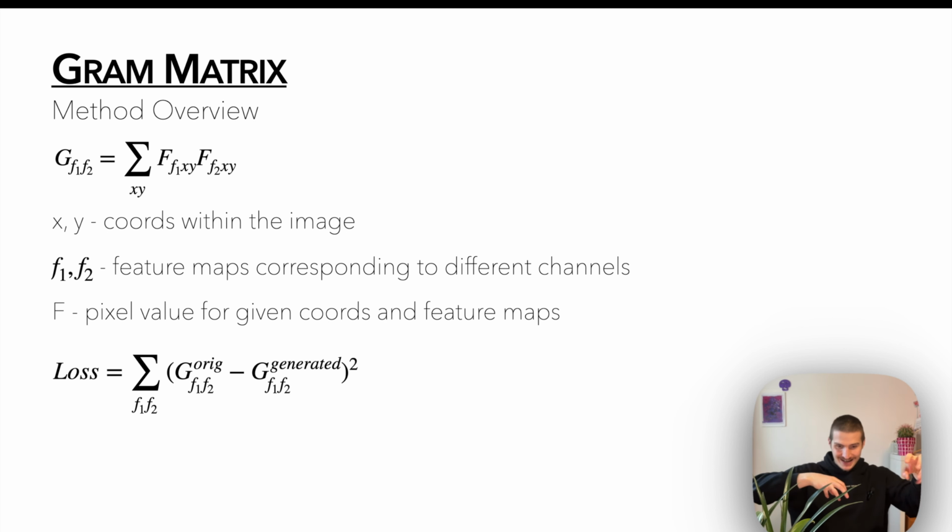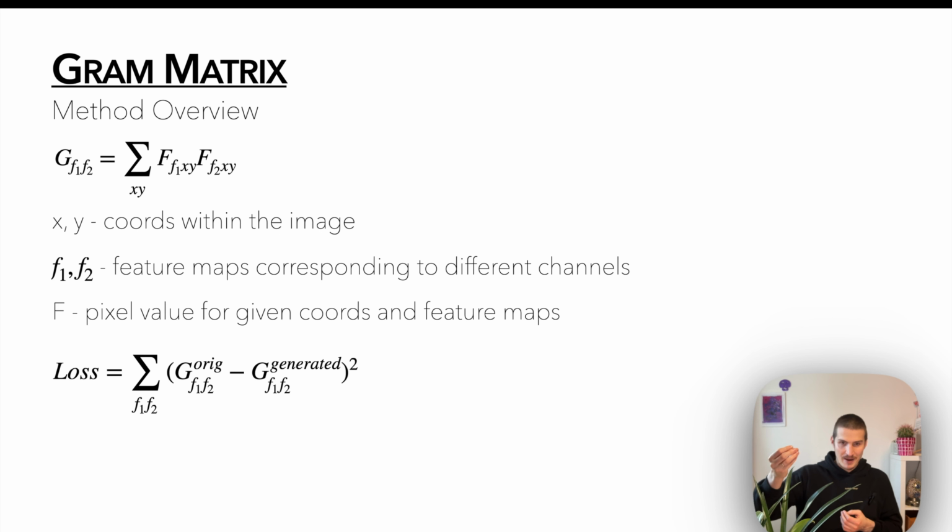So we no longer care where exactly these patterns, these textures, and these objects are located, but we care about what is there. For the cross correlation between two feature maps, you basically take one pixel image for the first feature map, one pixel image for the second feature map, and then compute the dot product. So you compare two pixels and multiply the values, which shows that for diagonal elements, the correlation between a feature map and itself, you just say how many of these things there are.